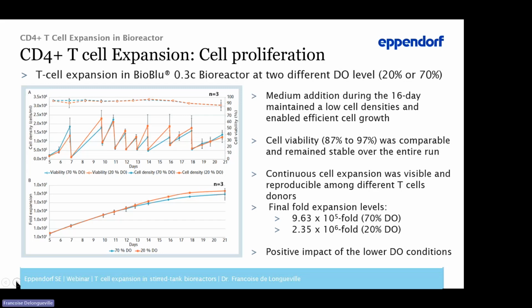Taking into account the cell expansion in flask from D0 to D5 and the cell expansion in the bioreactor from D5 to D21, the average fold expansion of CD4 T cells at the end of the culture, or day 21, is at 70% DO, 9.63 × 10^5 fold, and at 20% DO, 2.35 × 10^6 fold.